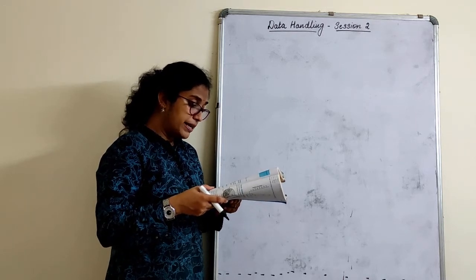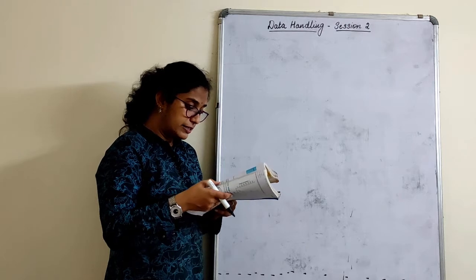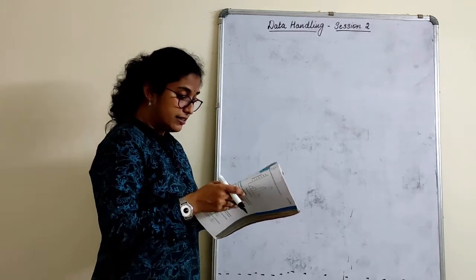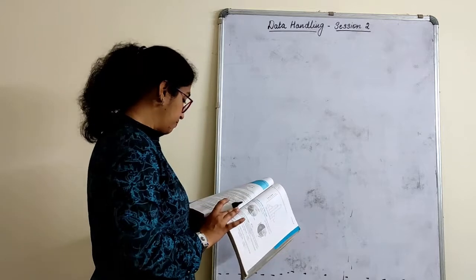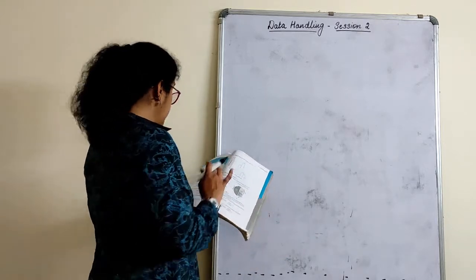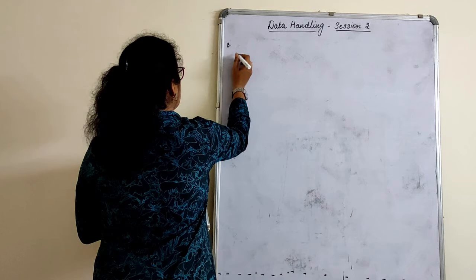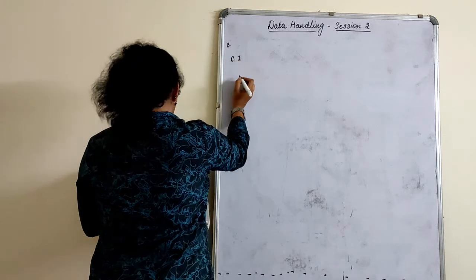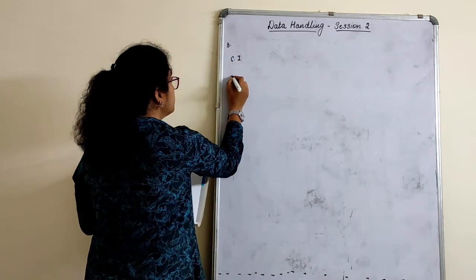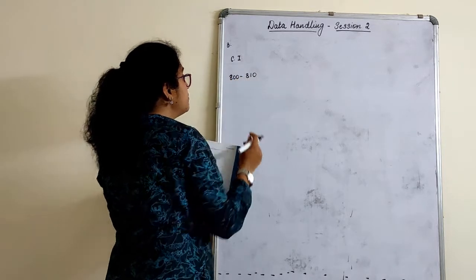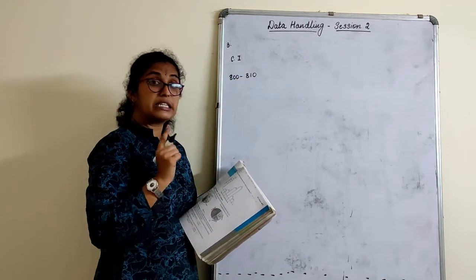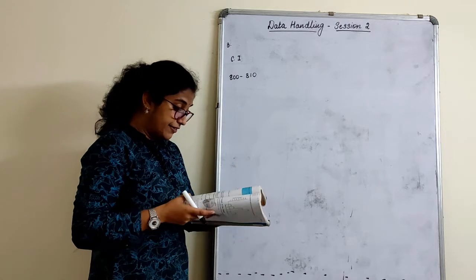Using tally marks, make a frequency table with the intervals as 800 to 810, 810 to 820 and so on. So, first of all what we will do is, we will make a class interval. So, to make a class interval, we have to start from 800 to 810. What is the width and size, children? What we have discussed, it is 10.